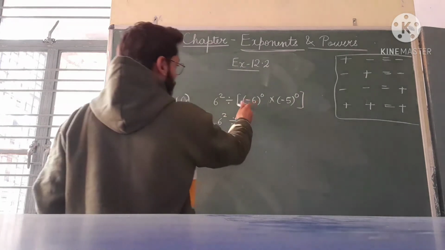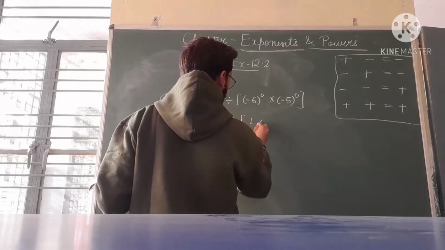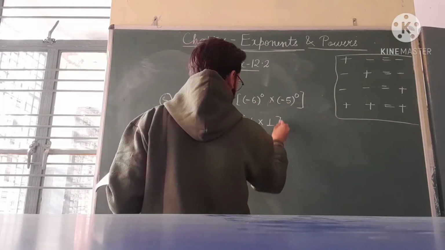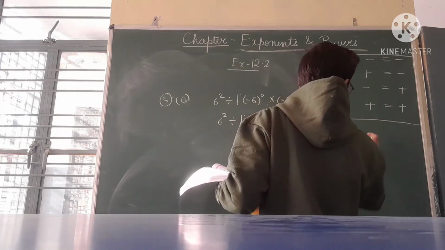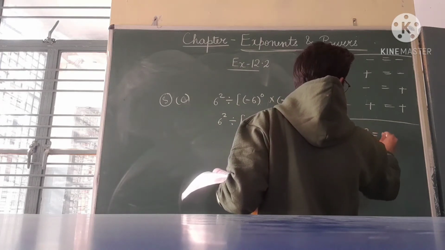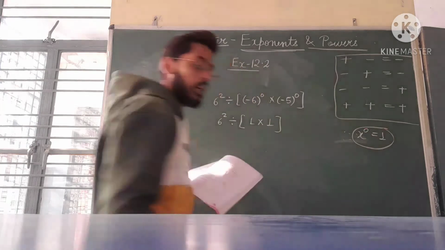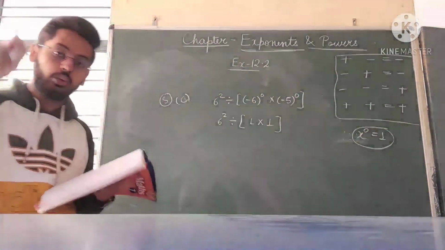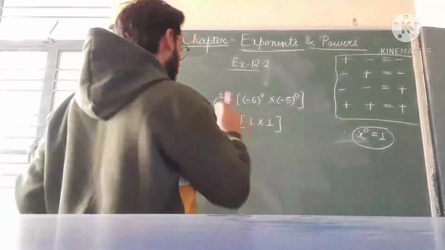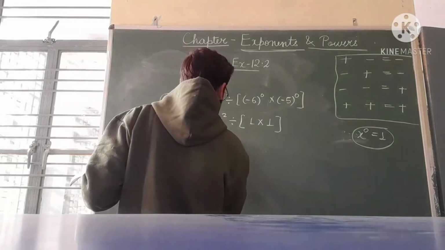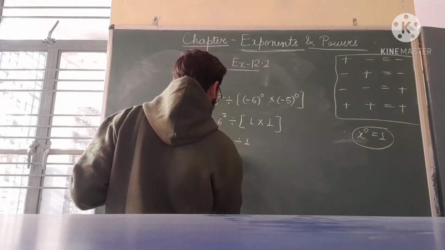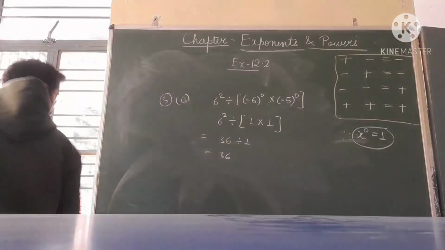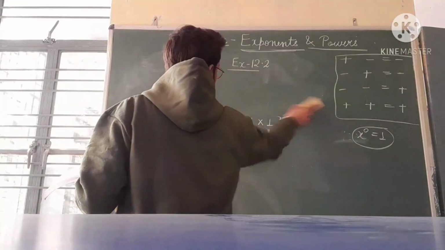I have told you that anything to the power 0 will always be 1. Always. You don't need to care about the base. 1 into 1. If x to the power 0 is given, then it will always equal 1. If the power is 0, then it is always 1. Okay, we get 6 squared, 36, divided by 1 into 1, which is 1. We get 36 in an easy way. Okay, this is question number 5.